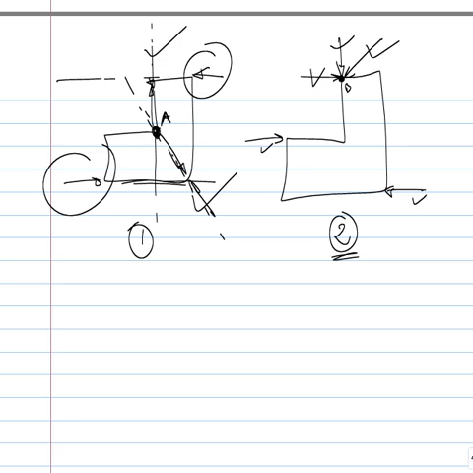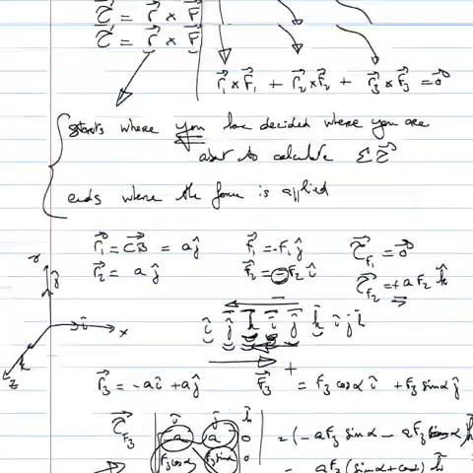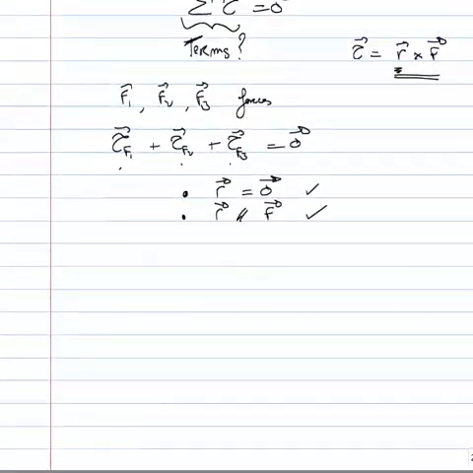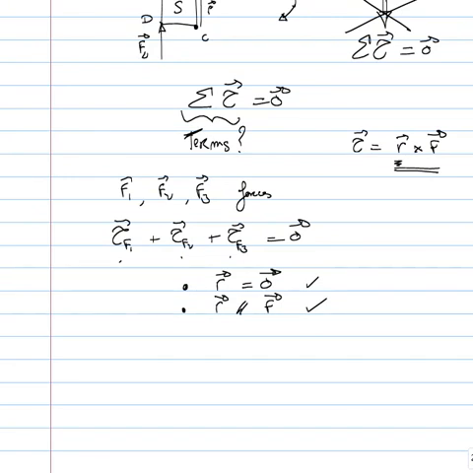So remember the two ways that the torque can be 0, and a way to minimize the number of terms showing up in your rotational equilibrium is to figure out either a point where a lot of forces are acting, so that R is 0, or a point where the directions of all the forces converge, which will give you an R parallel to F, which will produce a zero torque.